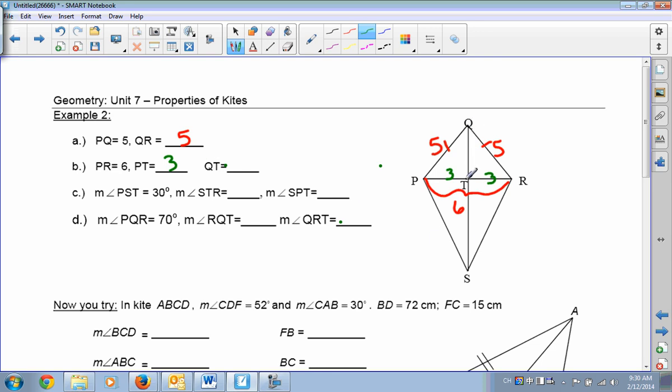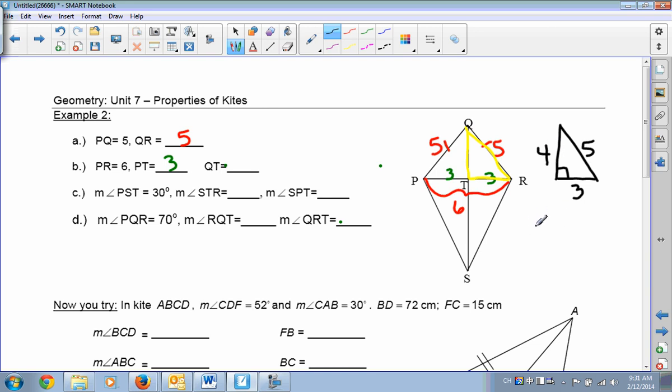QT is right here. Do you see this triangle right here? You see that? So yes, it is a special triangle. It's a triple because this is 3, this is 5. What is this? 4. Yes. What if you didn't know the triple?